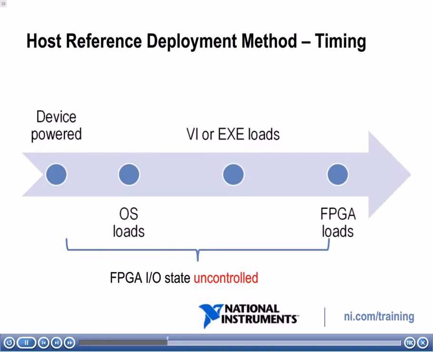When that host VI starts running, that's when it's deploying that FPGA bit file, and only after that does the FPGA actually load and start running. In the meantime, from the time the device got powered to the time the FPGA VI is actually running on the FPGA, the I/O state is uncontrolled. If we wanted to control that FPGA I/O between those two times, we couldn't do it using this method.